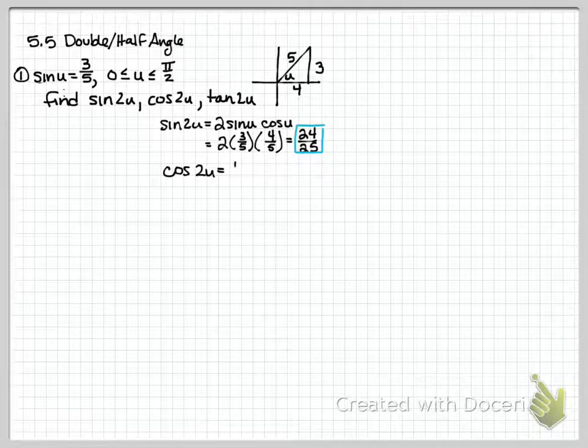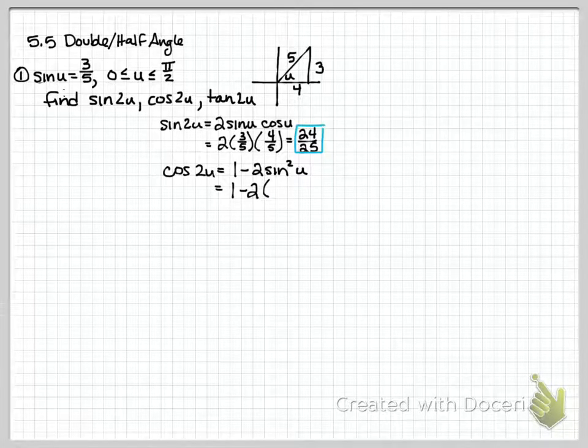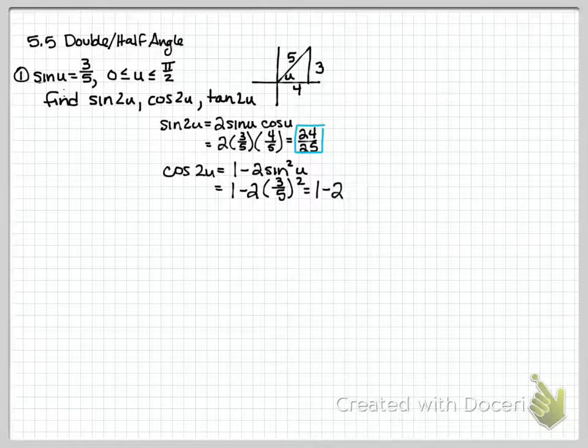So the one I'm going to use is 1 minus 2 sine squared u. So it's 1 minus 2 times, well, my sine of u was 3/5 squared. So that's going to be 1 minus 2 times 9/25. Well, that's 1 minus 18/25.